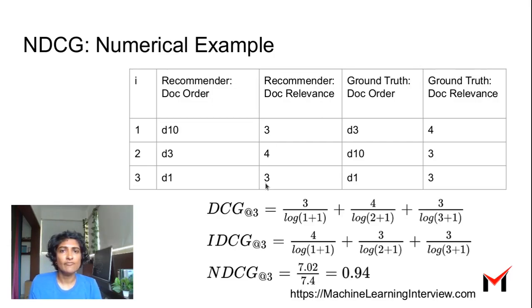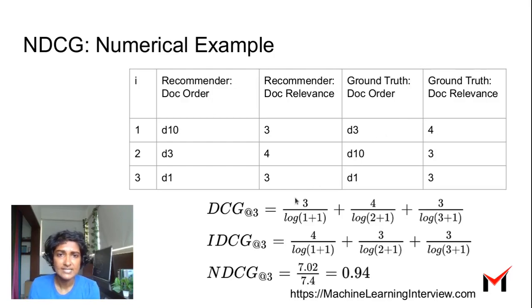Now, if we reorder and put them in the relevance order given by the user, 4, 3 and 3, we get document 3, document 10 and document 1. So the discounted cumulative gain can be computed from the original ranking, while the ideal discounted cumulative gain is computed from this particular ranking order.